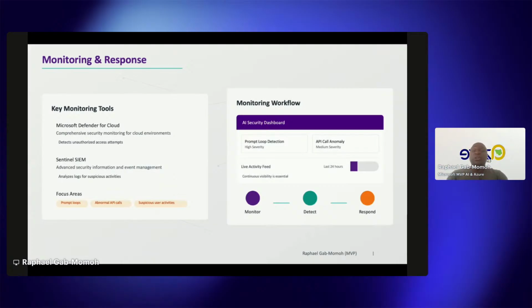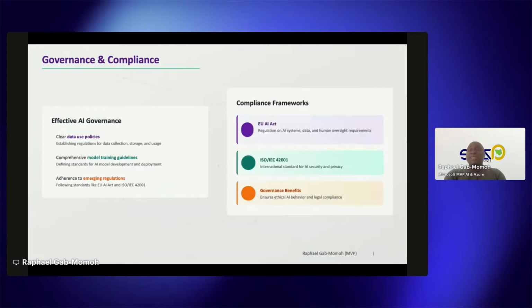So you should make sure that you use them robustly. Use Sentinel, SIEM, the ones that have been provided, or the cloud native ones. This will make sure that we can monitor everything that we are doing. When there's an attack, we can detect it and we can respond very fast.